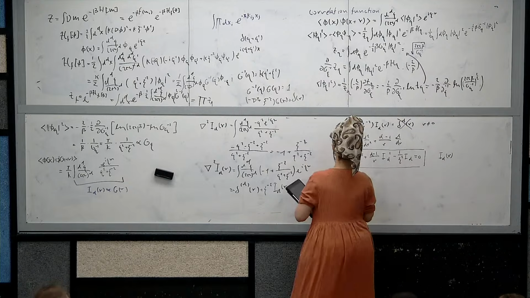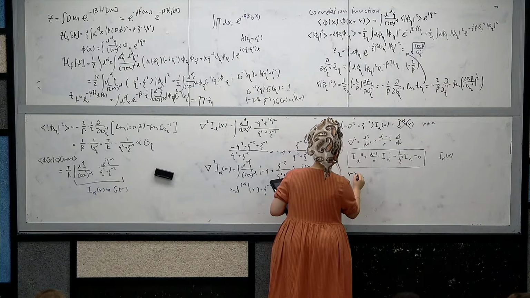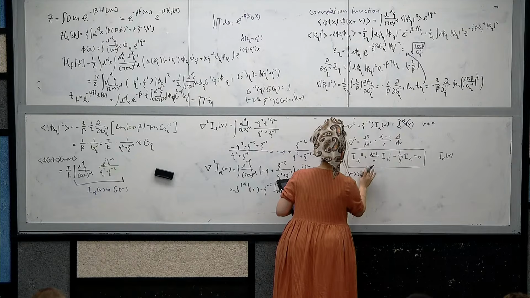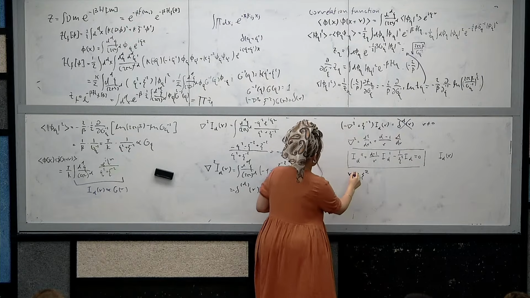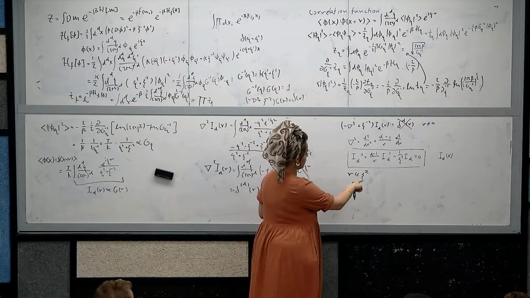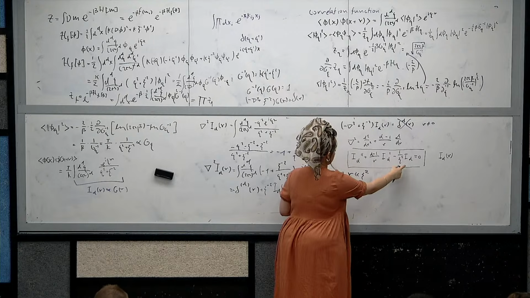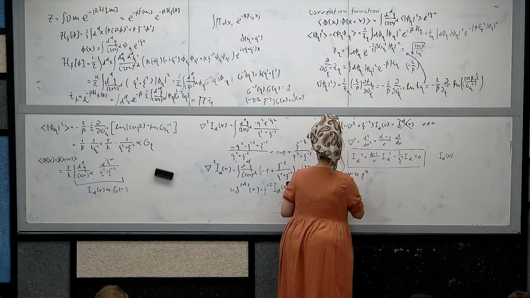We can look at two limits. When r is larger than xi, maybe I start with smaller. When r is smaller than xi squared, then we can neglect the second term, and then we have I.